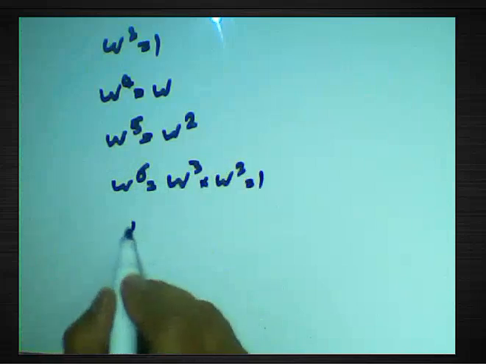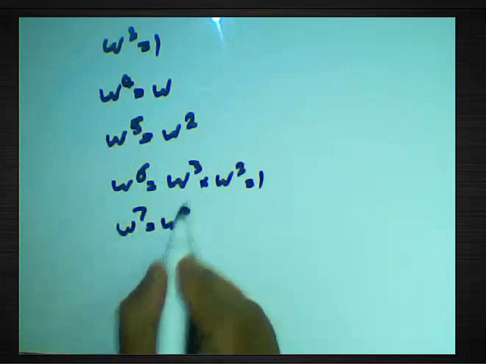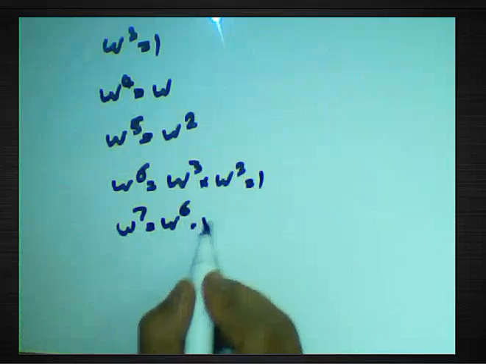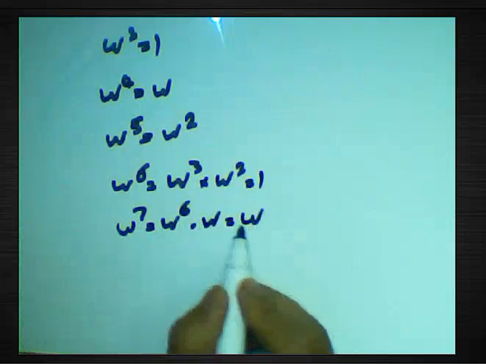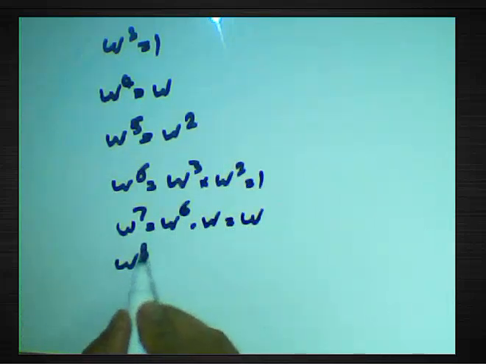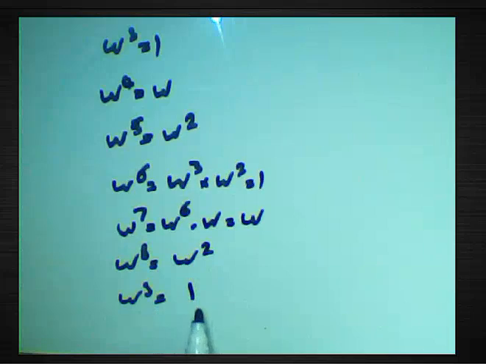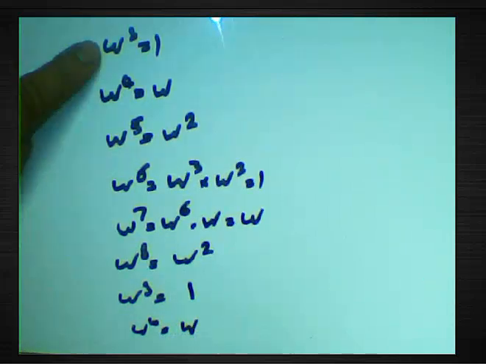And what about omega to the power 7? It means omega to the power 6 multiplied by omega, so the result will be omega. And omega to the power 8 will be omega squared. Omega to the power 9 will be 1, because 9 can be divided by 3. And what about omega to the power 10? It will be omega.